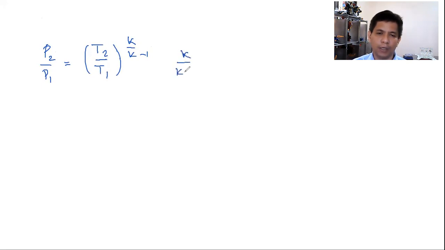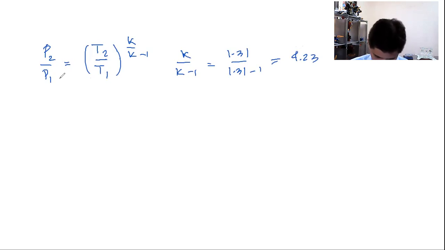K is 1.31, so K over K minus 1 is 1.31 over 1.31 minus 1, which is approximately 4.23. Then substitute the given values right here. So P2 is 900 psi.